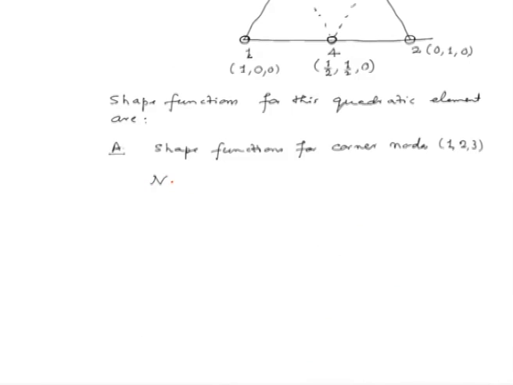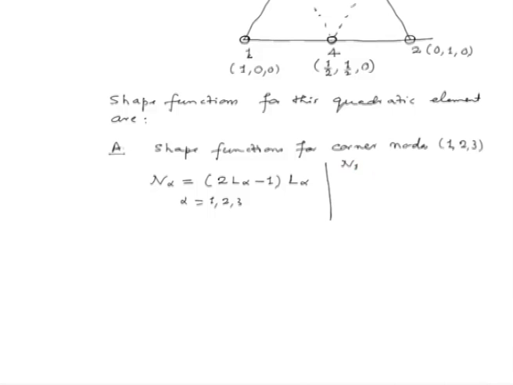We will write in a fairly compact form, N alpha is given by 2 L alpha minus 1 times L alpha. So, alpha takes the values 1, 2 or 3, or if you want to demystify it, write in expanded form, let us write for each node separately.